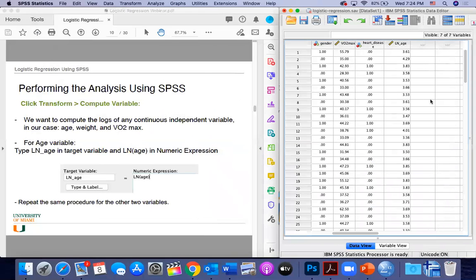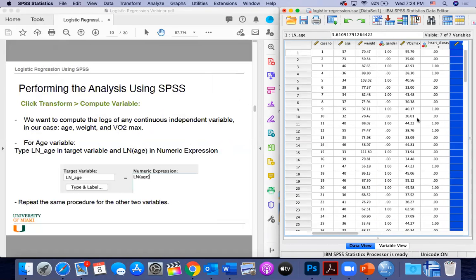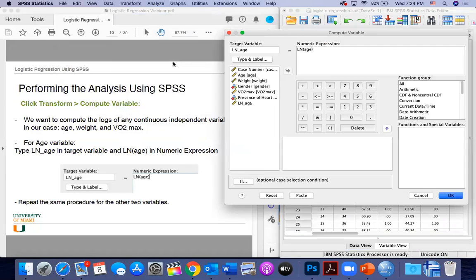Okay, so it was computed, and you can see that there is a new column, a new variable called ln age. So we want to do this also for weight and VO2 max. So go again to transform, compute variable, and we just want to change age to weight, and add weight here, and then OK.